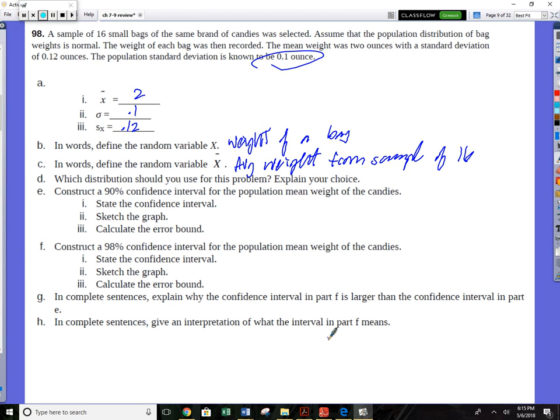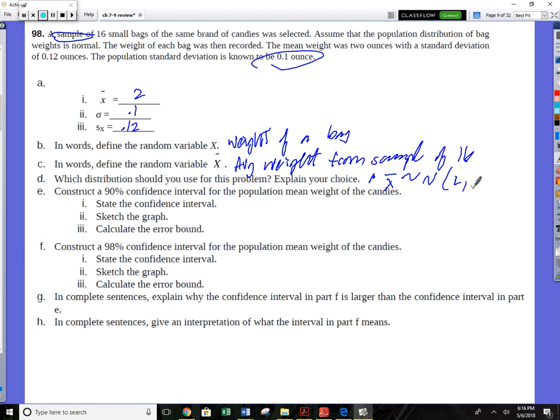D, what distribution? Because it's a sample, we're going to use the central limit theorem. X bar is going to be a normal distribution. Now the population mean, we're going to use the same as the sample mean, so we are going to use 2.